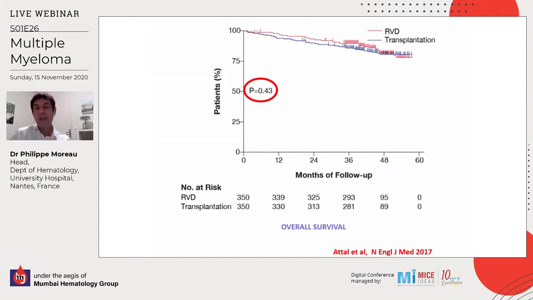We are going to update this analysis in a few days at ASH with a very long follow-up. And you will see that there is no overall survival difference with the follow-up that is now almost 10 years. So definitely no OS difference, suggesting that with VRD, you can rescue patients progressing on VRD alone with a salvage stem cell transplantation at the time of the relapse.